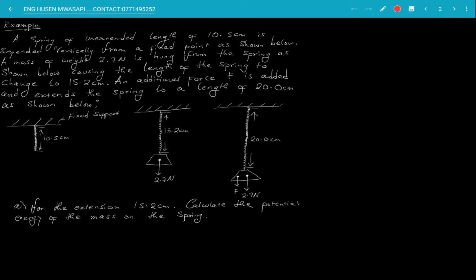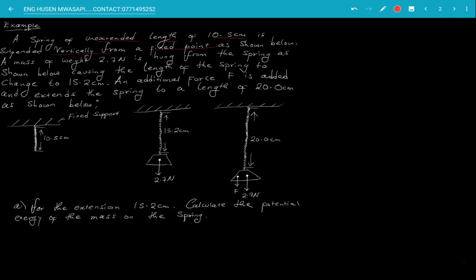Say you have a spring of an extended length of 10.5 centimeters. It is suspended vertically from a fixed point, as shown below. Now, a mass that has a weight of 2.5 is hung on the spring.